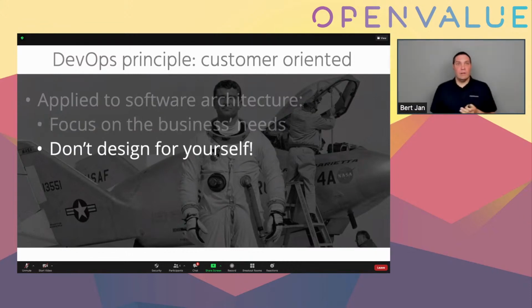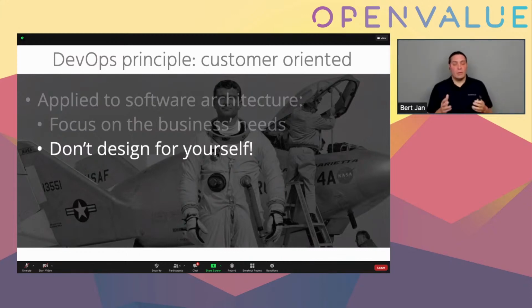Don't design for yourself. Don't design something because you like it or because you think this is a nice technique to try out. Design something because it's something the customer needs, something that can help your business accomplish their business goals.